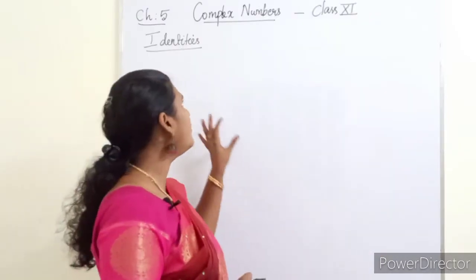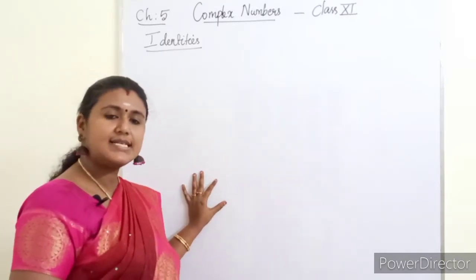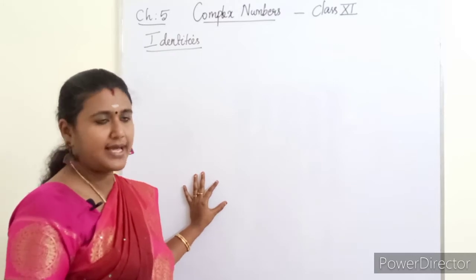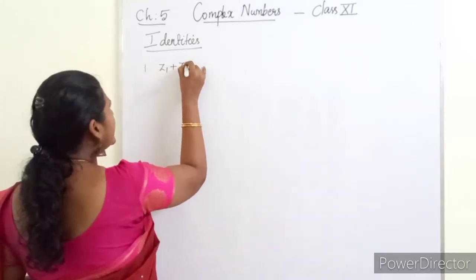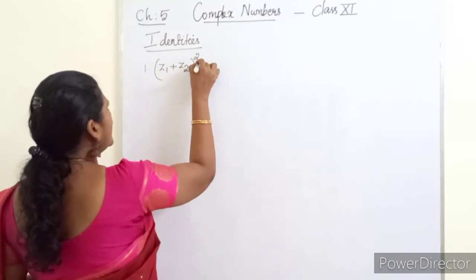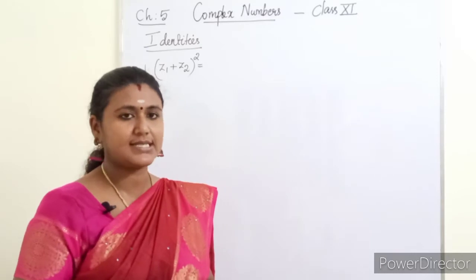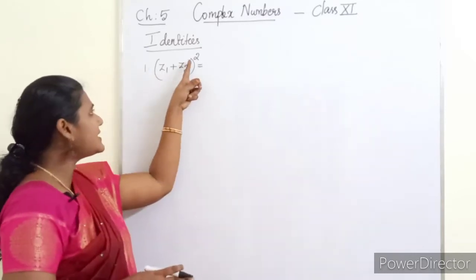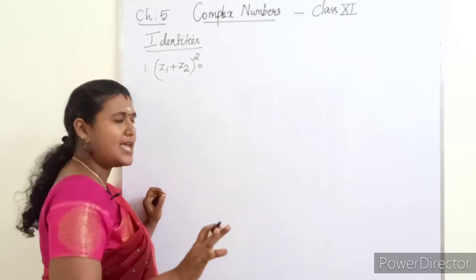We will learn a few identities in complex numbers. These are the identities which are similar to our algebraic identities. The first one is z1 plus z2 the whole square. You need not study the proof and all, only the identities alone we will just discuss. z1 plus z2 the whole square, that is the a plus b the whole square identity, same only.